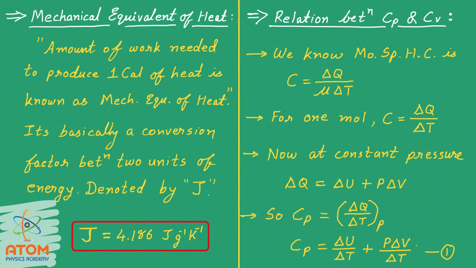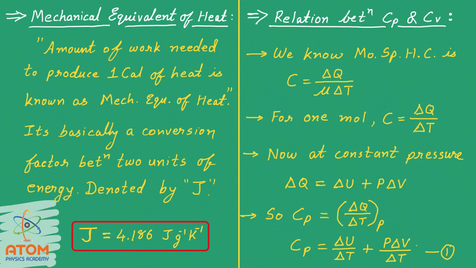Now let us move further. Relation between Cp and Cv. I hope you remember that Cp is the molar specific heat at constant pressure and Cv is the molar specific heat at constant volume.